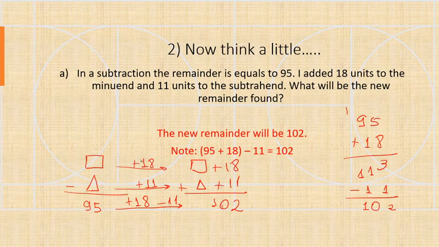If I add 18 units in the minuend, I have to add 18 units in my result. So my new rest is 113. But after I add 11 units to my subtrahend, this means that I have to subtract 11 units from my rest. So 113 minus 11, it is 102. So my final result is 102.